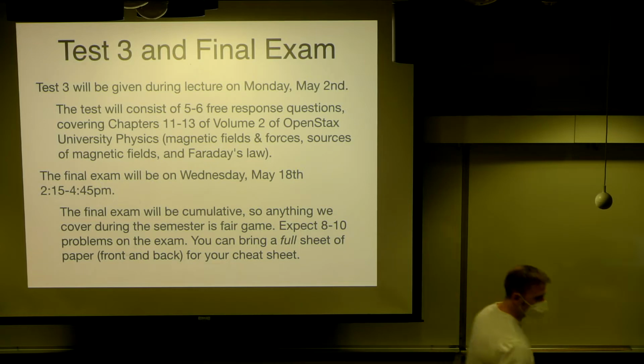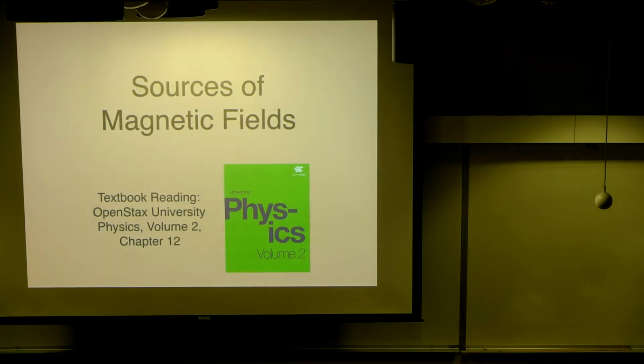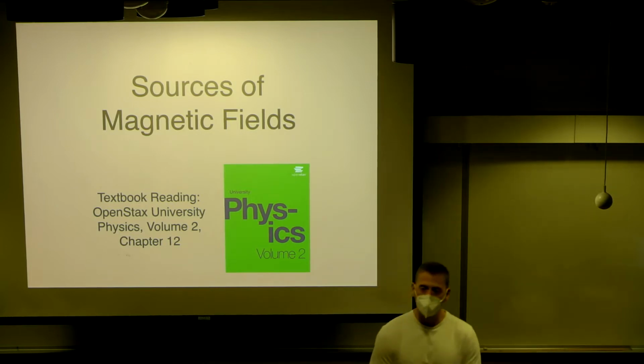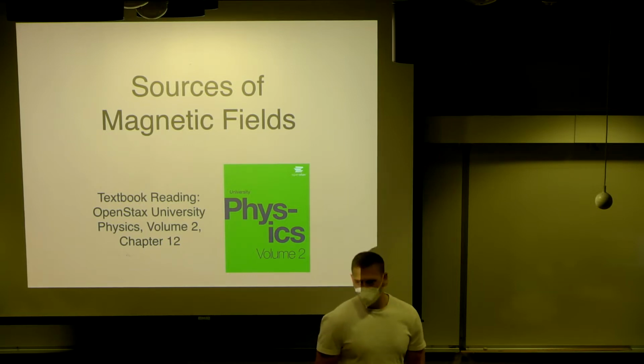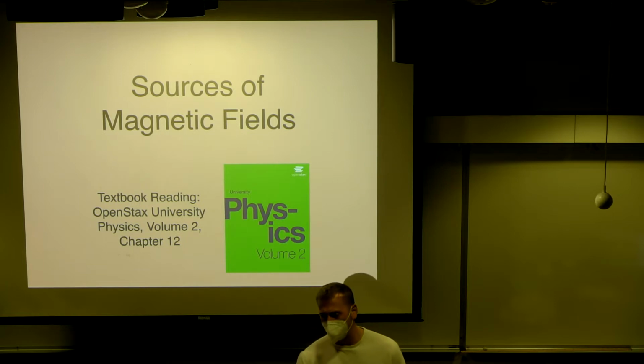All right, so then without further ado, let's get into the new chapter on sources of magnetic fields. This content is coming from chapter 12 of volume 2 of the OpenStax textbook. So a brief overview before we get into it. The previous chapter basically is a discussion of the forces and the torques that magnetic fields can exert on particles or currents that may be carried through a wire.